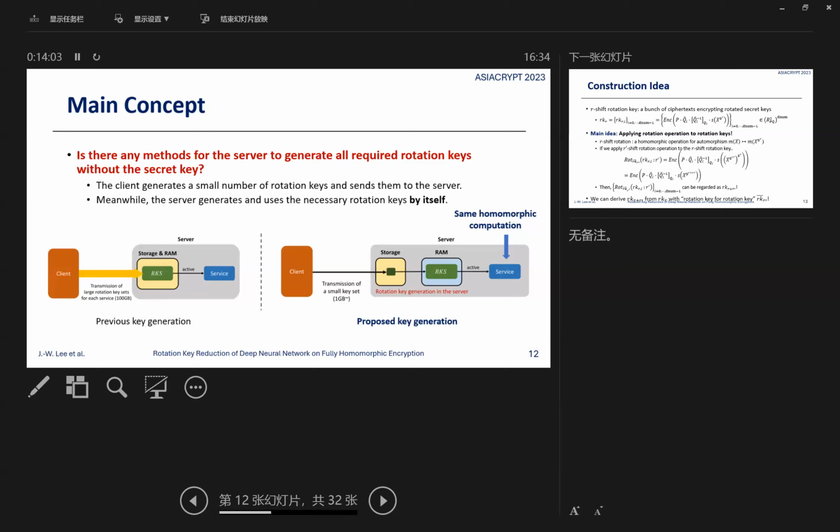So it can compute the same homomorphic computation without increasing the number of key switching operations. We constructed this as the hierarchical rotation key generation.